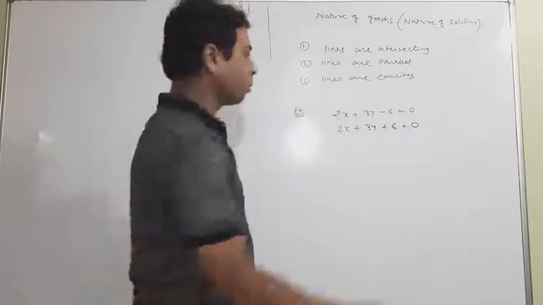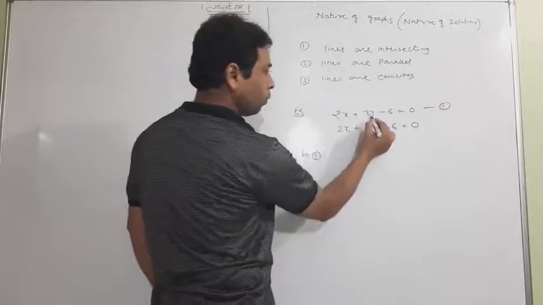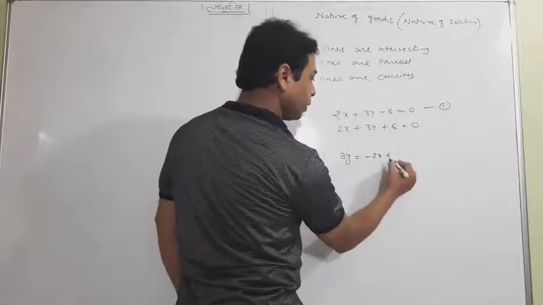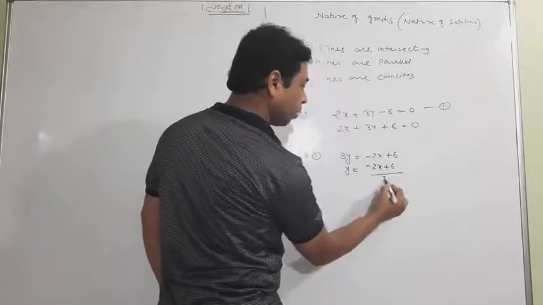If I ask you to draw the graph, quickly I tell you. What about the first? Find the y. 3y is equal to minus 2x plus 6. y is equal to minus 2x plus 6 upon 3.